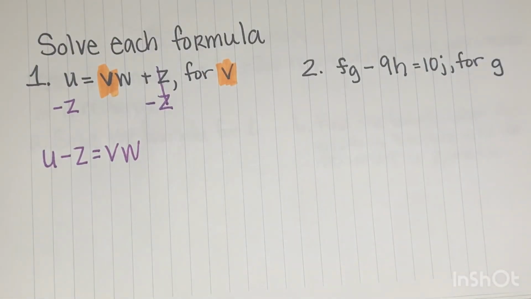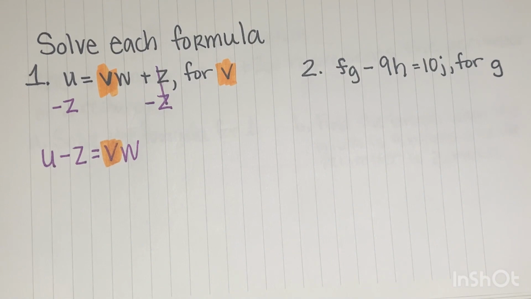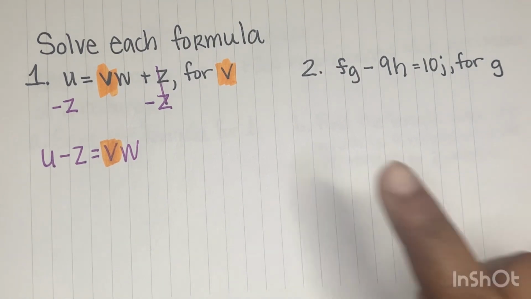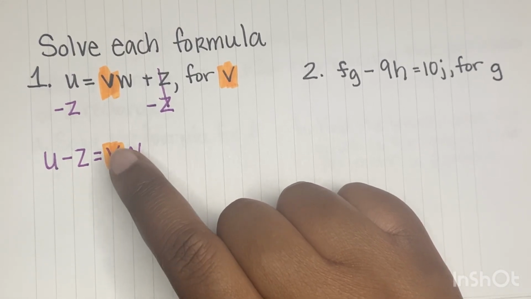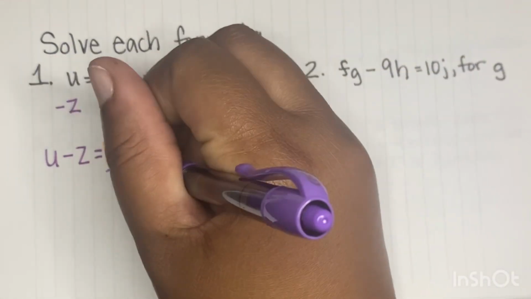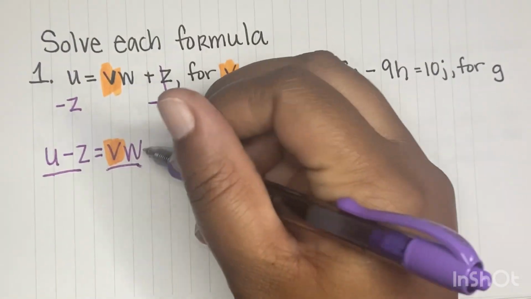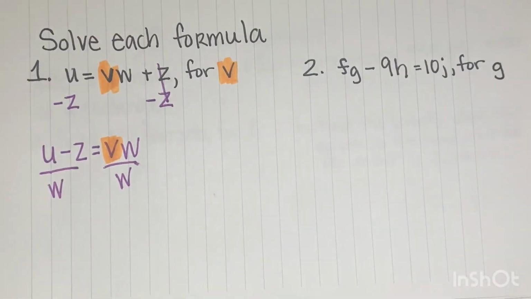Now, again, remember, our goal is to get V by itself, okay? Because that's what we're solving for. So now whenever you have two letters next to each other, they're multiplied together. To undo multiplication, we have to do the inverse, which means we're going to divide both sides by what's with the V. So I'm going to divide by W here, divide by W here.